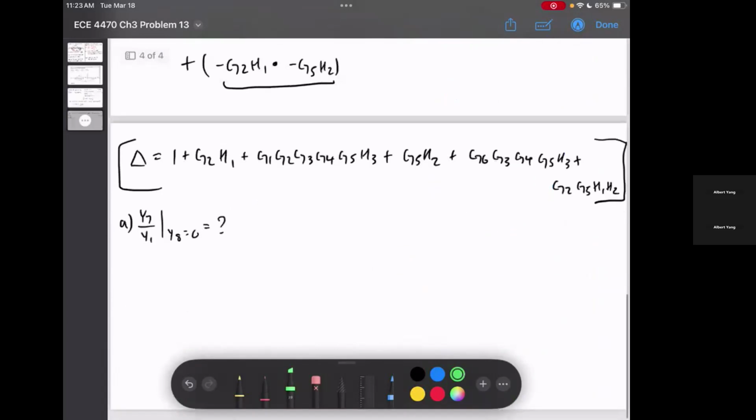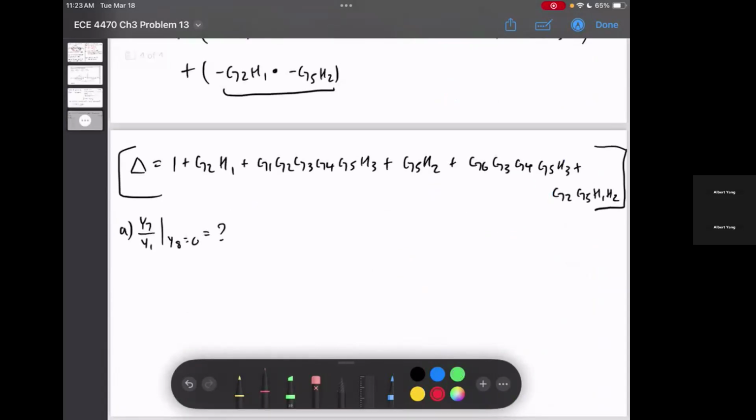So when we do the M1, that would be G1, G2, G3, G4, G5, and then M2 would be G3, G4, G5, G6.